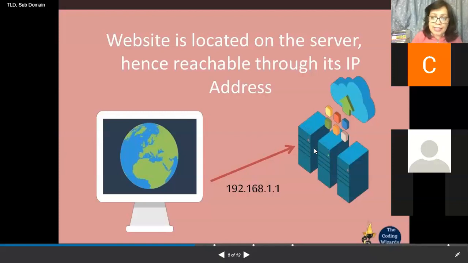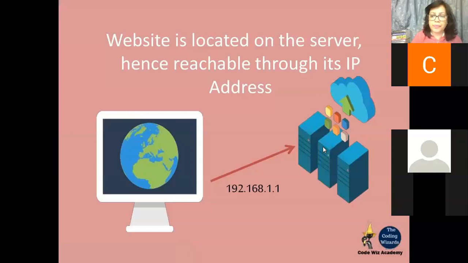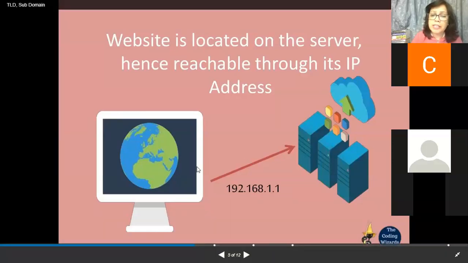And that request is then forwarded. The domain name is never looked for. It is always the IP address specific to the website that is looked for. Okay, so it is basically a communication between the IP address at the client and the IP address at the server.